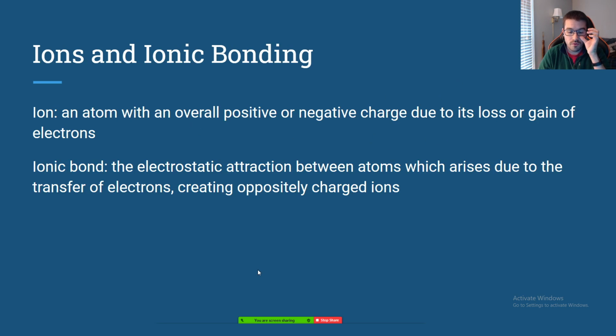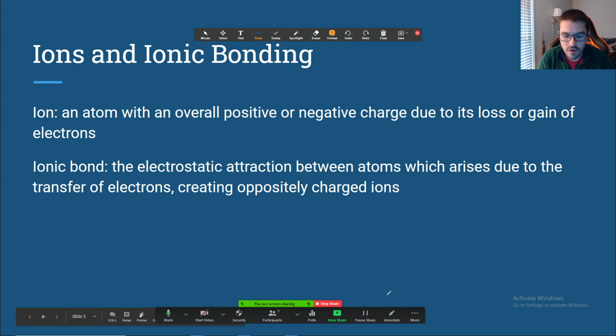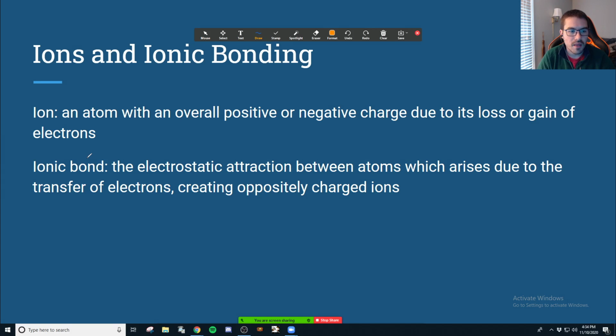So as a quick review, what we've already talked about so far in this unit is ionic bonding and ionic compounds. Okay, so we have these things called ions, which are positive or negatively charged atoms. When atoms lose or gain electrons, they end up with an overall positive or negative charge, and we call those things ions.